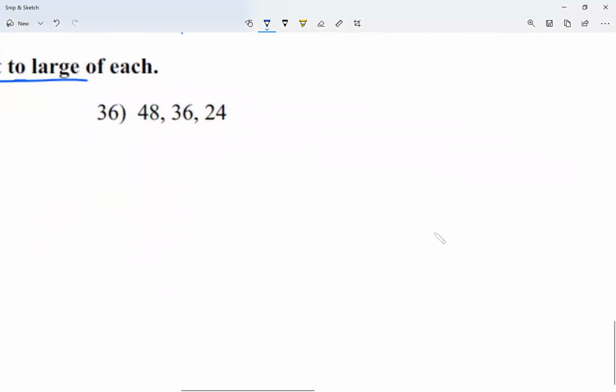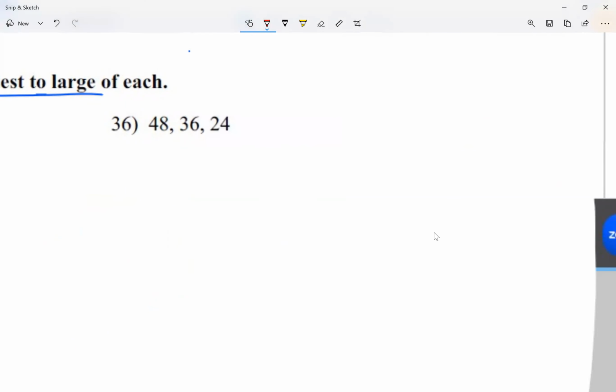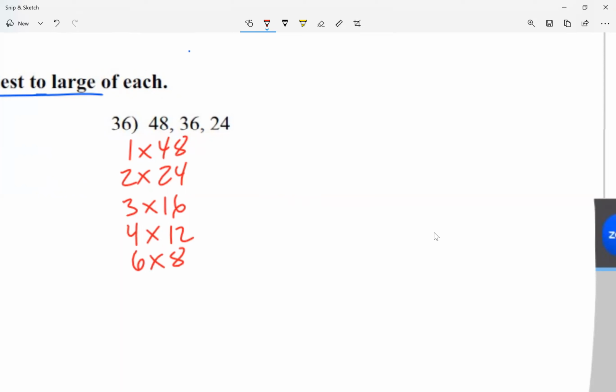Okay, let's take a look at number 36. First, let me find the factors of 48. So 1 times 48, 2 times 24, 3 times 16, 4 times 12. 5 is not a factor of 48, but then I have 6 times 8. 7 is not a factor, and then 8 is already on my list.